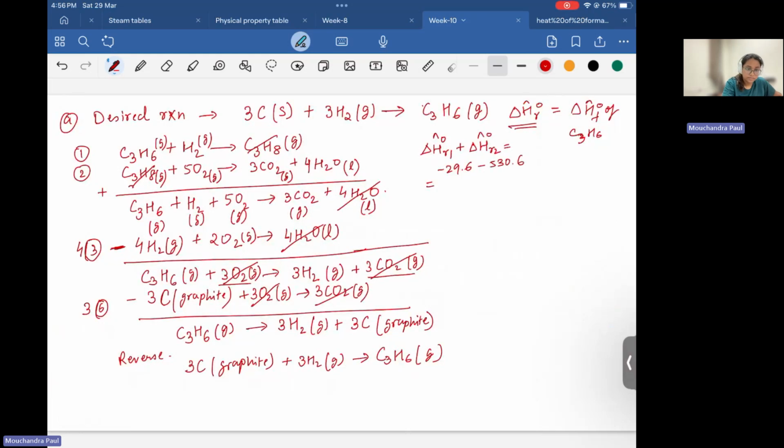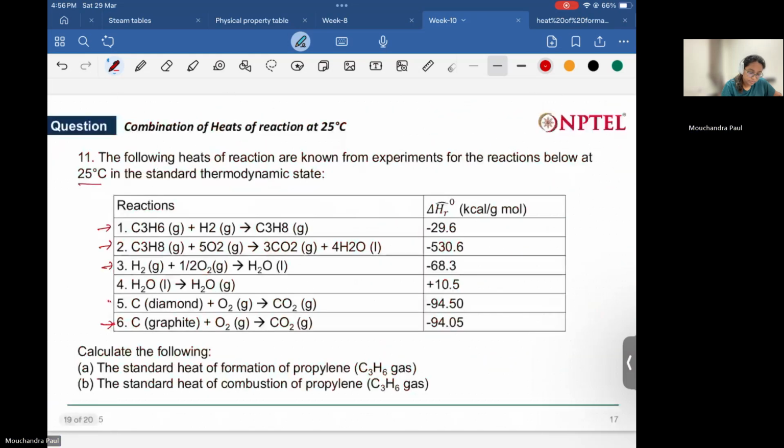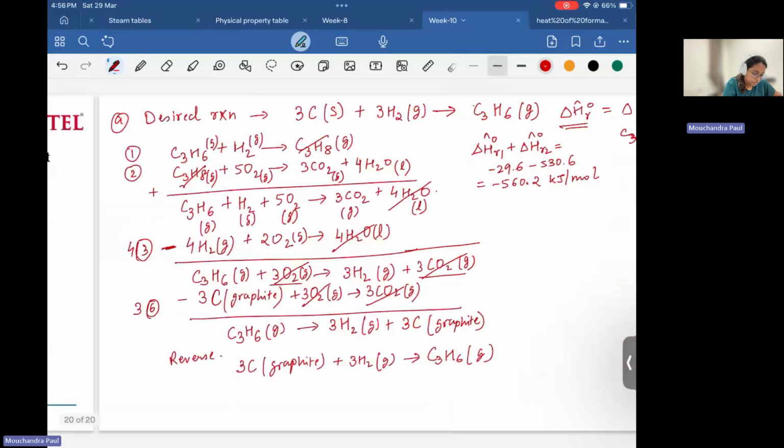So it is minus 560.2 kilocalorie per gram mole.